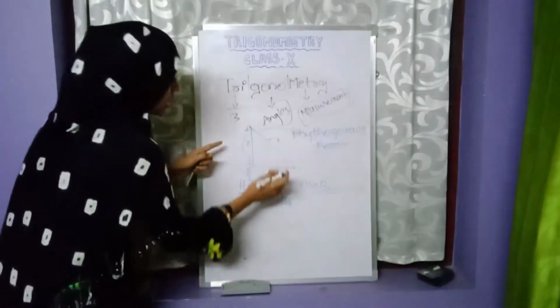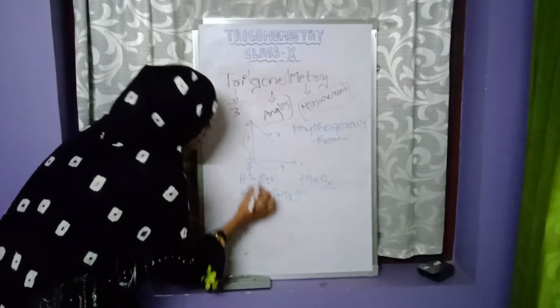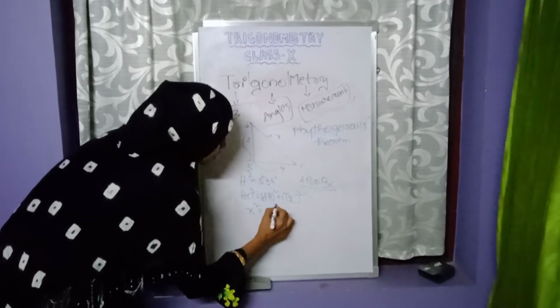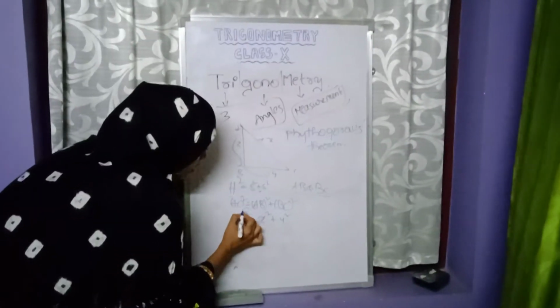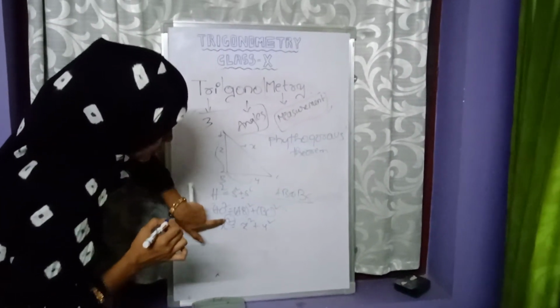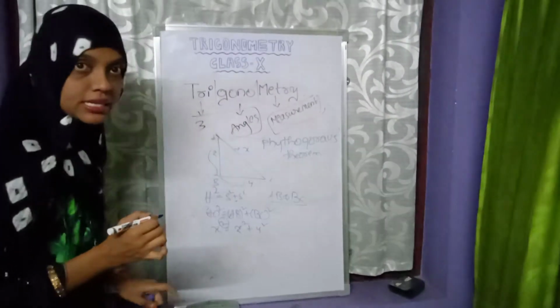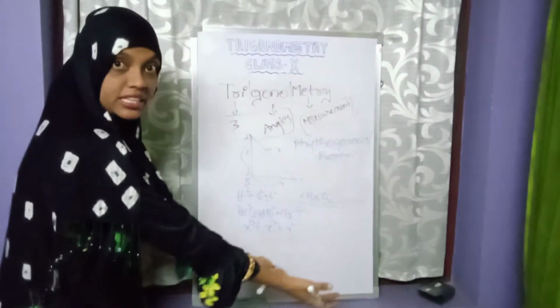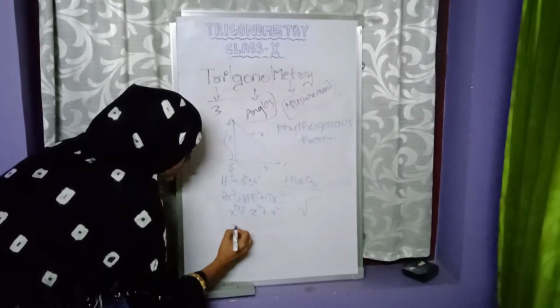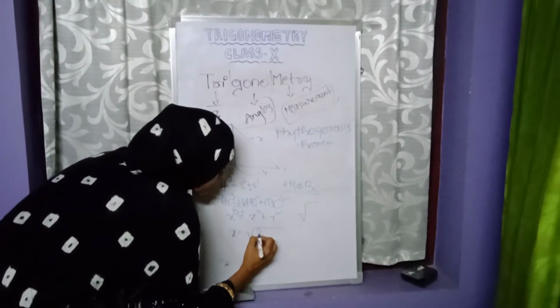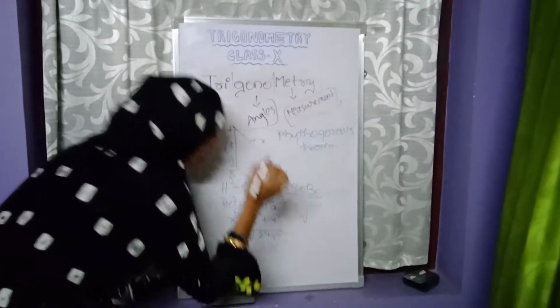So X square is equal to Z square plus Y square. Now I am shifting this square to the right side, and it becomes a square root. X is equal to the square root of Z square plus Y square.